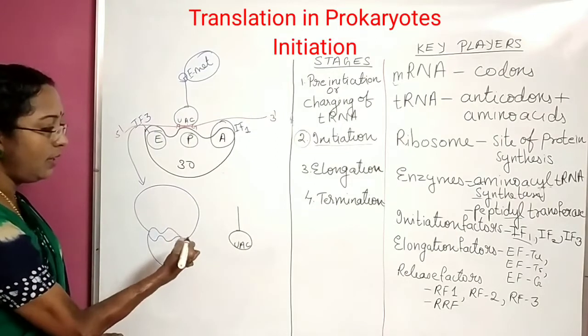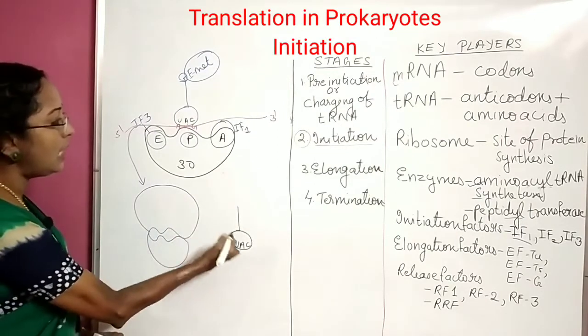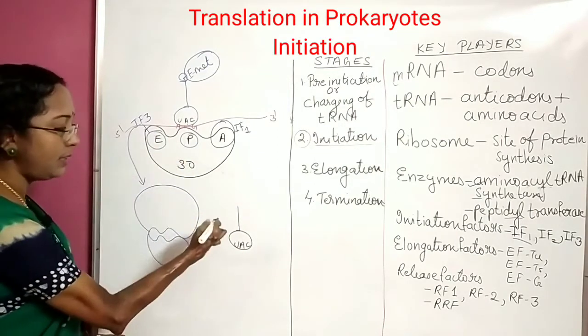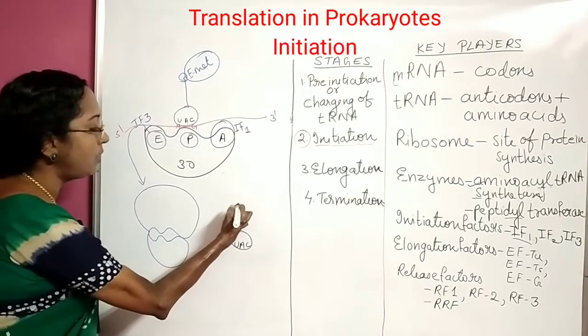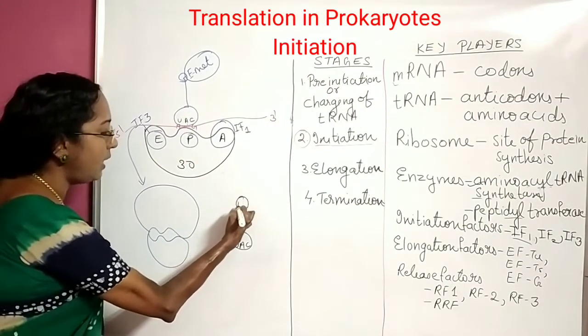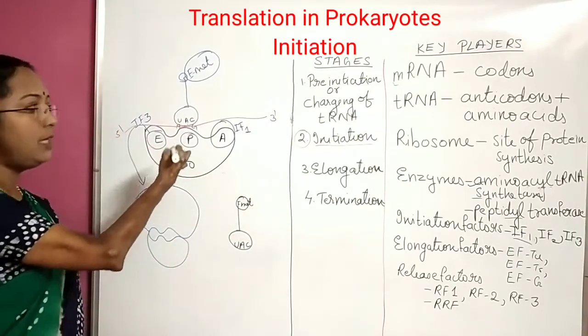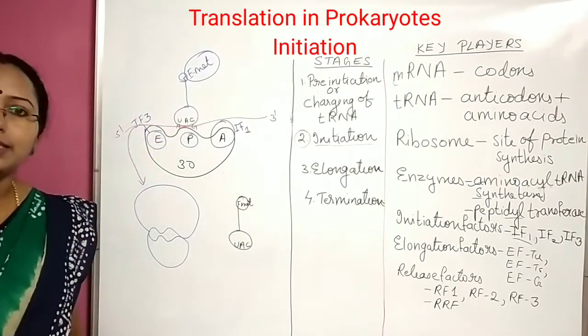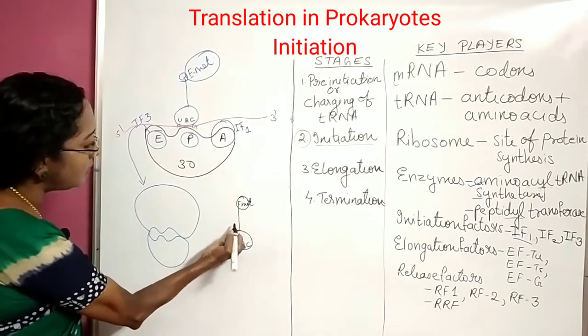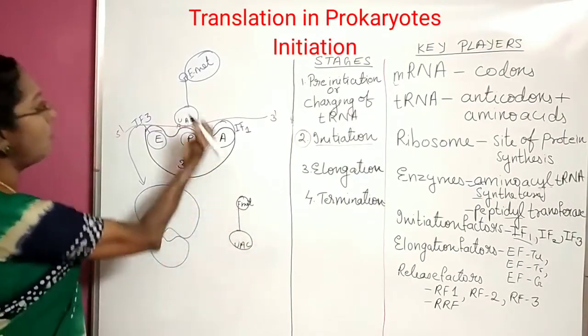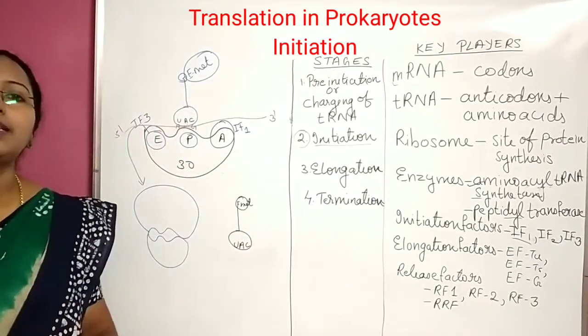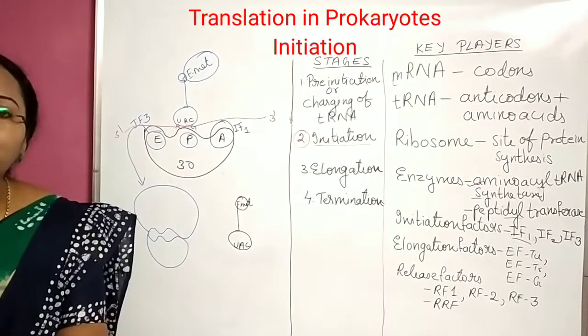So in the cytoplasm there is a tRNA having UAC as the anticodon. This tRNA has to come with the amino acid F-met and sit on the P site. But this tRNA cannot on its own come and find the place and sit. It needs energy.